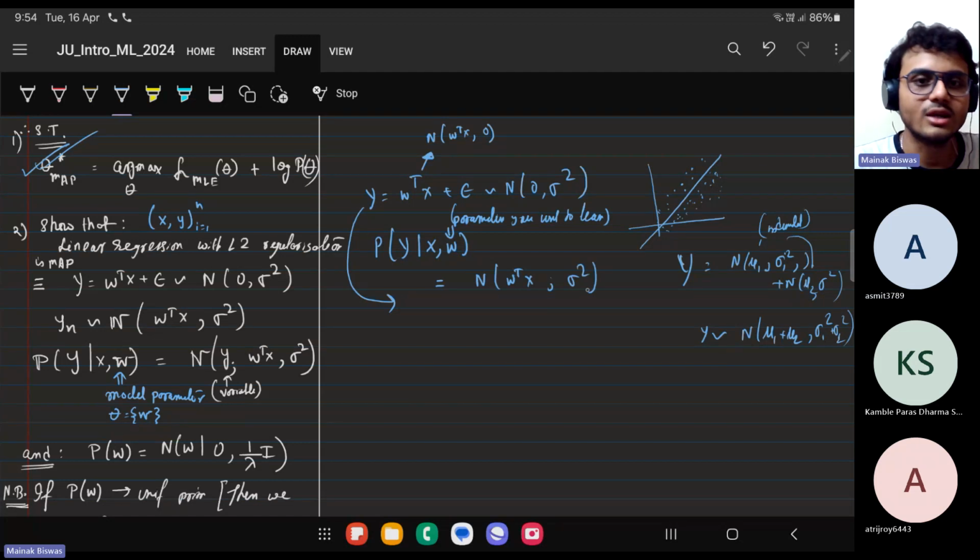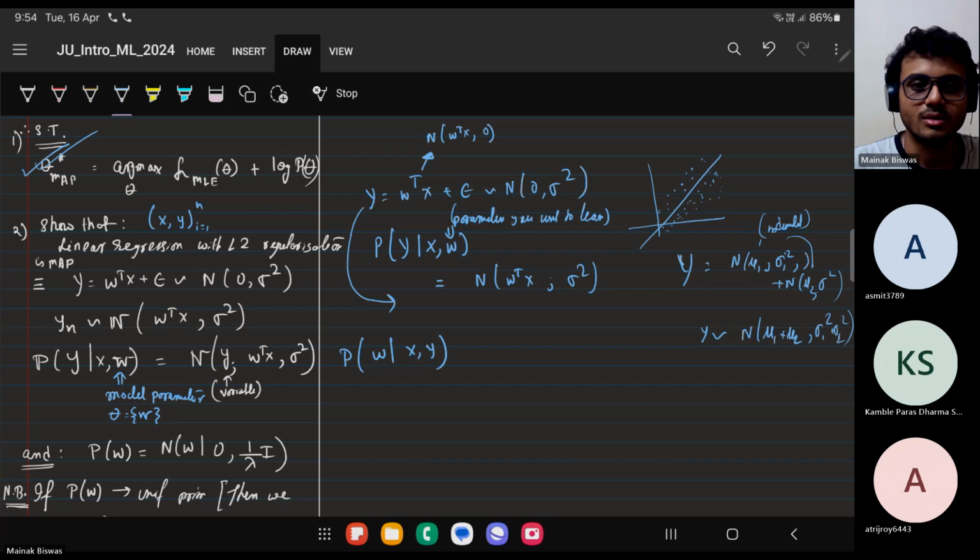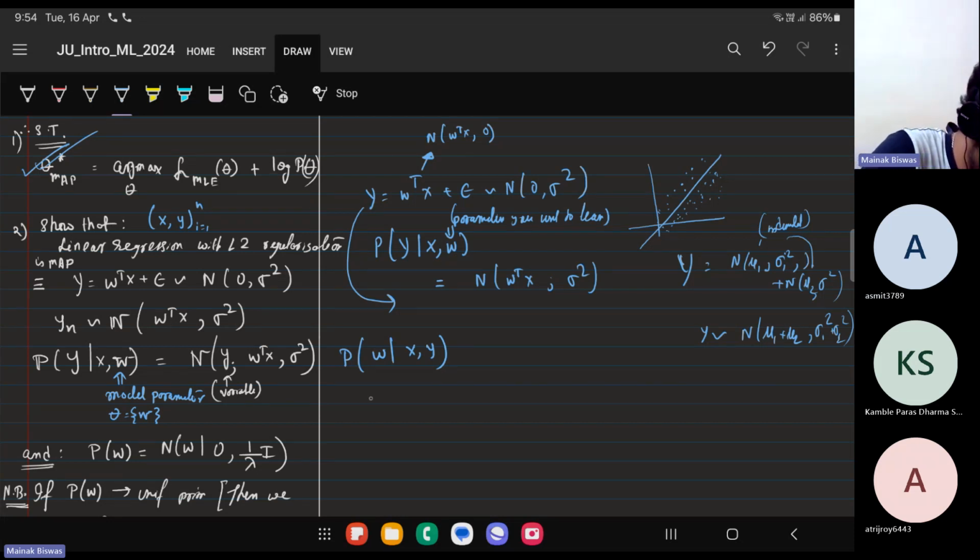Good. So now I know the distribution of Y given X comma W. What do I want to estimate? I want W given X comma Y. Do I want this or not? This is what I want, because we want to estimate the parameters W. So how can I write this?